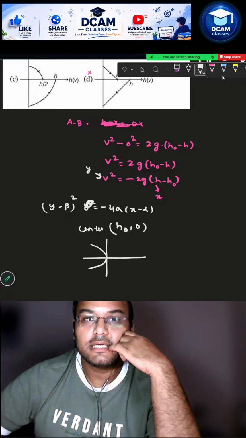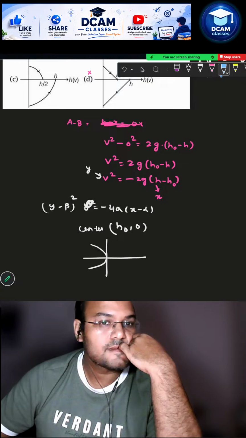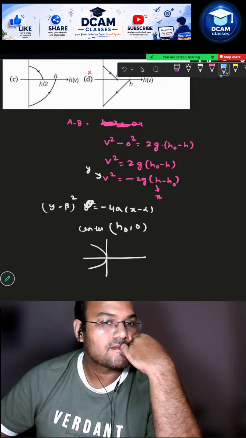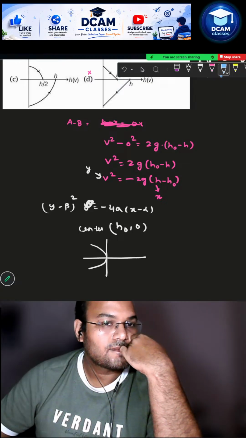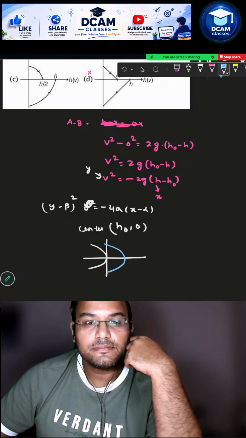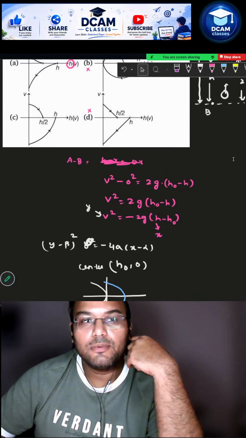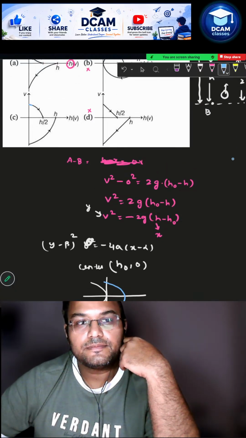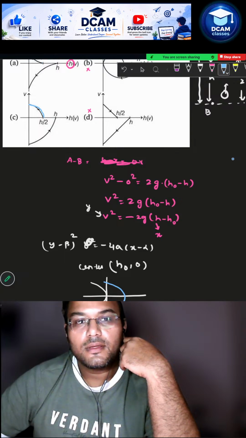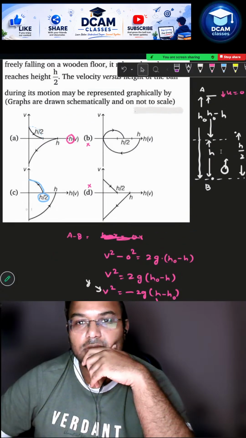But since its center is h naught comma 0, our parabola would be like this. So I am getting this type of parabola only. But why is it striking at h by 2? That's my question.